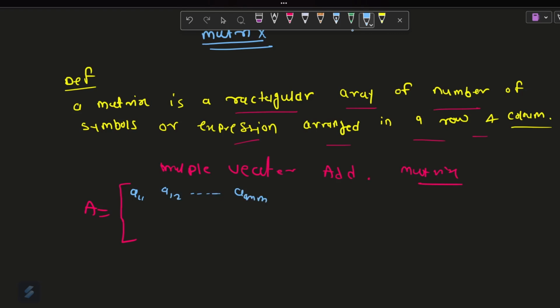Similarly, B11, B12 till BMN. Similarly, C11, C12 till CMN. This is a simple form of vectors. This is a 3 cross 3 matrix.